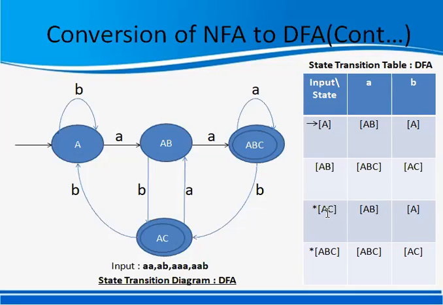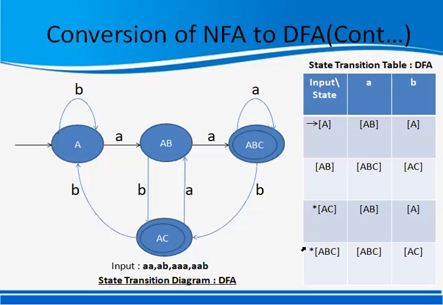Now we will see the transitions on AC. From state AC on input small a, the next state will be AB. Now from state AC on input small b, the next state will be A. Now we will see the transitions on state ABC.